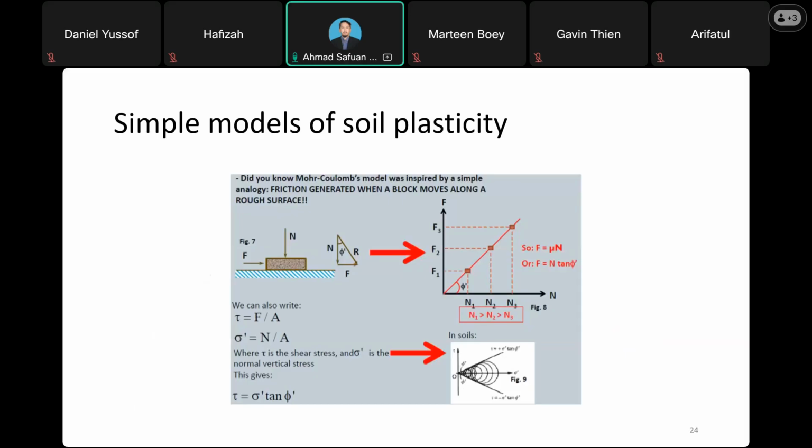Okay, so this is an example of how the Mohr-Coulomb model was inspired. It is based on a simple analogy: friction generated when a block moves along a rough surface.